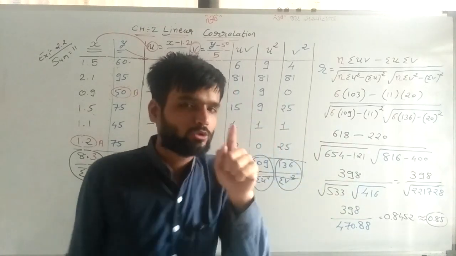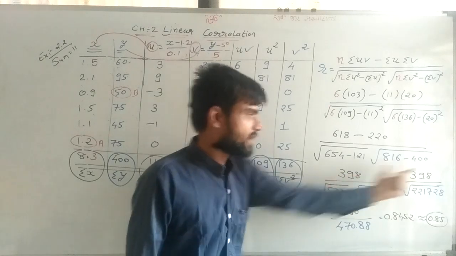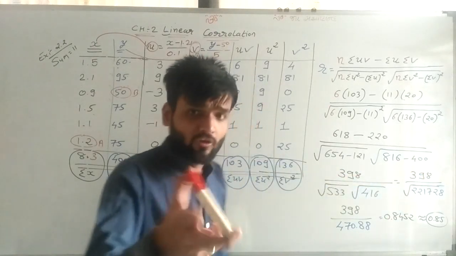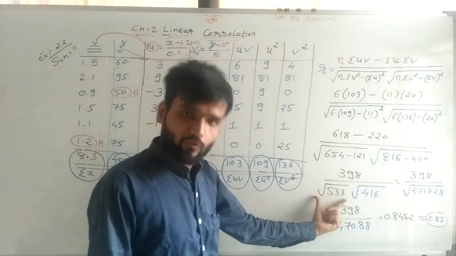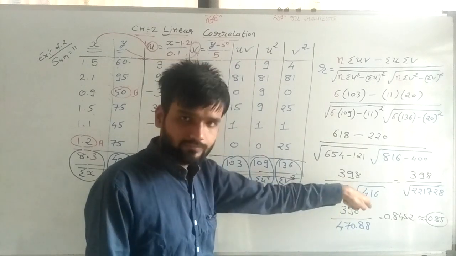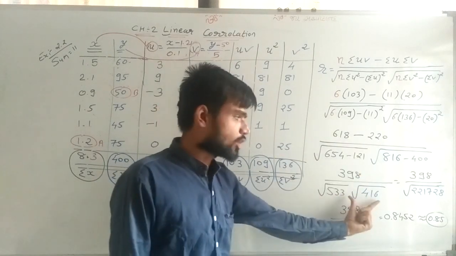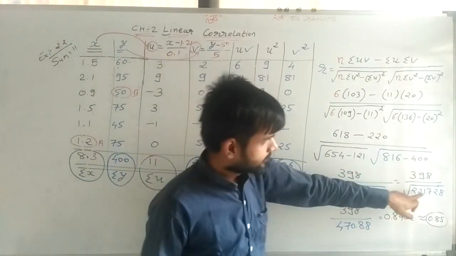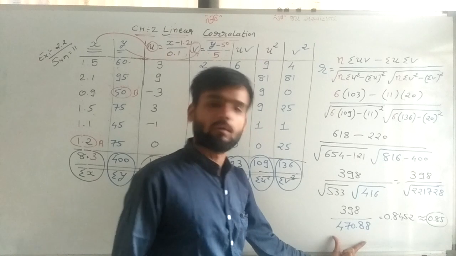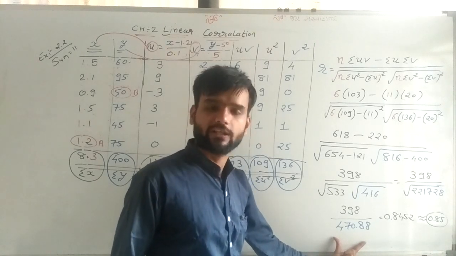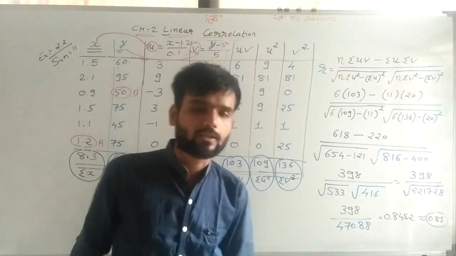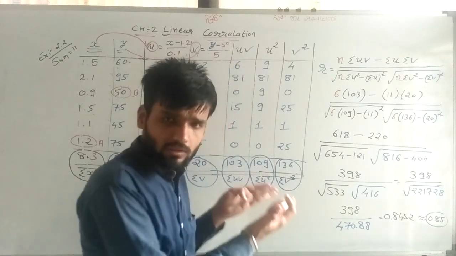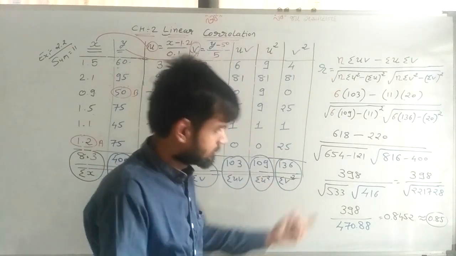First method: the numerator same, find the root of 533 and write it. Then find the root of 416 and write it. Multiplication of both must be 470.88. This is the first method. Now the second method, what Kamal sir has done.